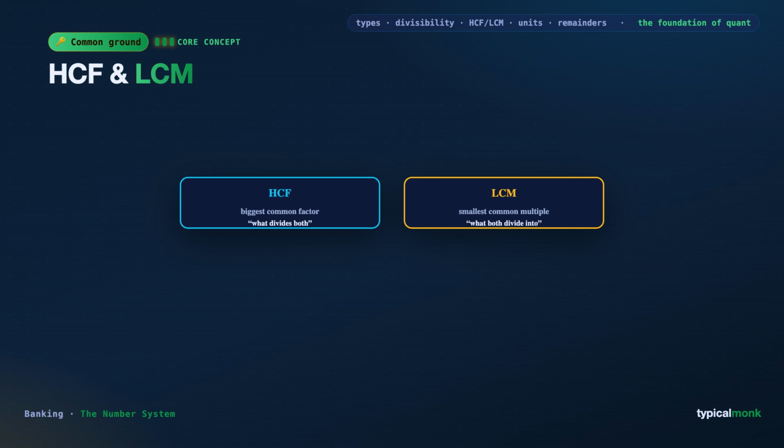The mental hook: LCM answers the question, what is the smallest number that both divide into? HCF looks downward to the biggest shared factor. LCM looks upward to the smallest shared multiple. Which one a problem needs is usually the whole battle. So tie each to its plain English question.